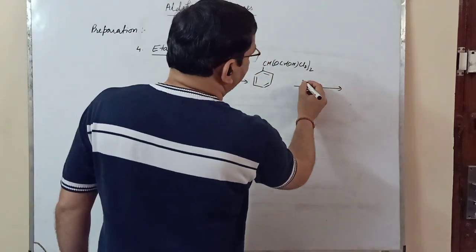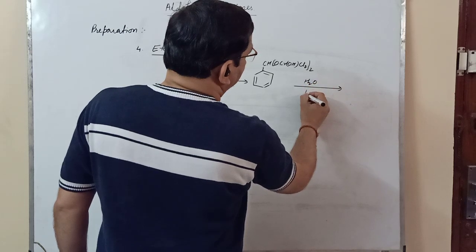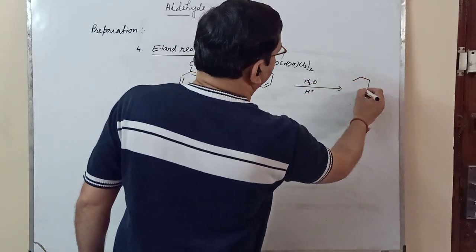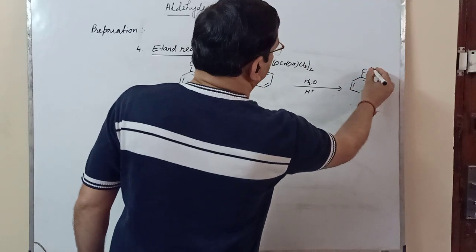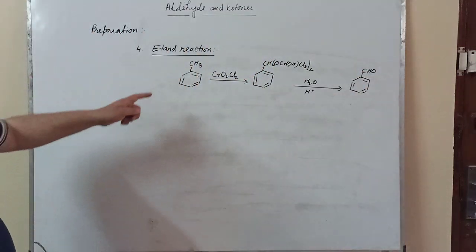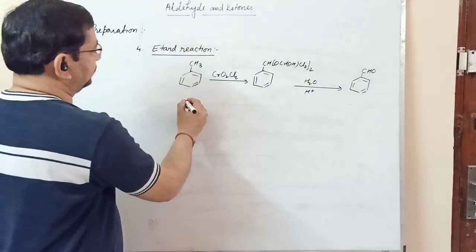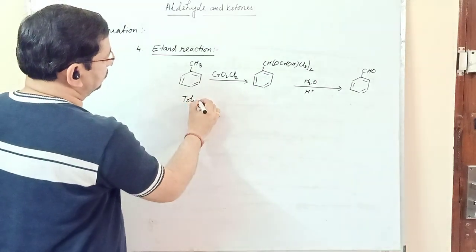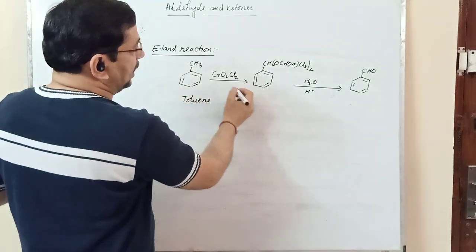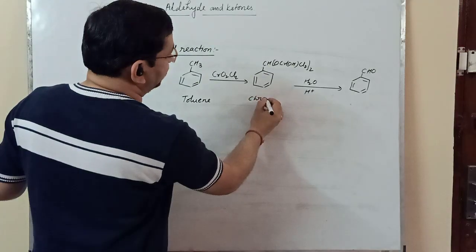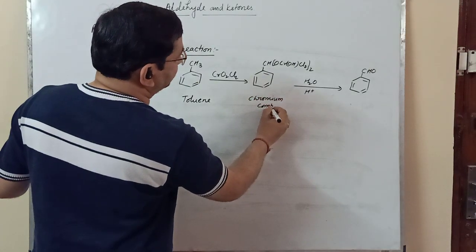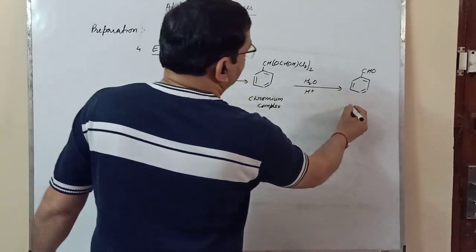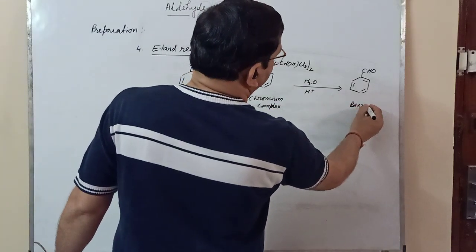When it is hydrolyzed, then it gives aldehyde. So in Etard reaction, toluene with chromyl chloride first gives chromium complex intermediate, which on hydrolysis gives benzaldehyde.